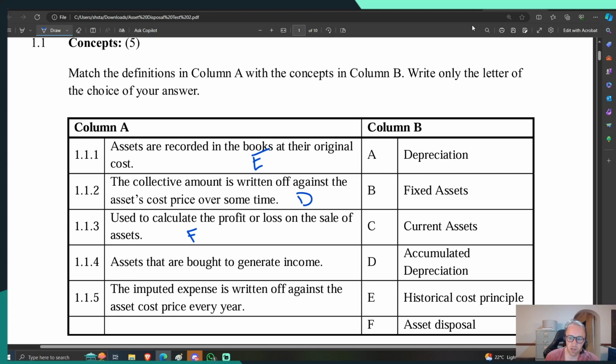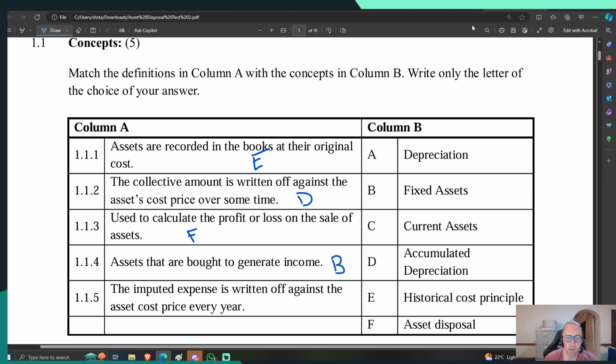We buy the trading stock and sell it to generate an income, so that one's a bit vague. But all fixed assets help us to generate income. Some current assets we don't buy and they do not really generate an income. For example, cash float is a current asset. We do not buy it and it does not help us really to generate an income. So I'm going to say this is B, fixed assets, and we'll double check that in a moment.